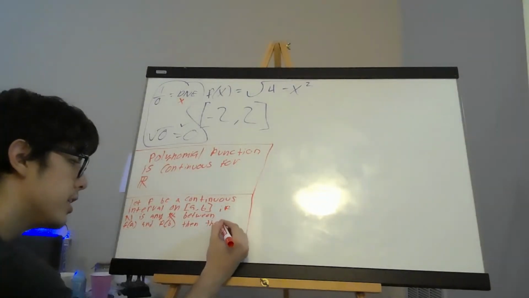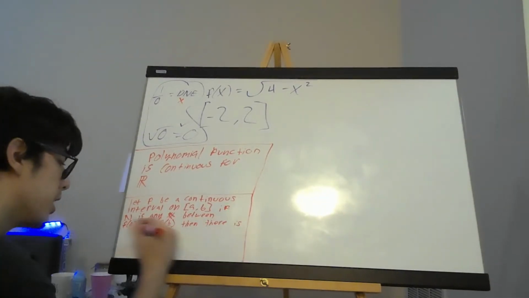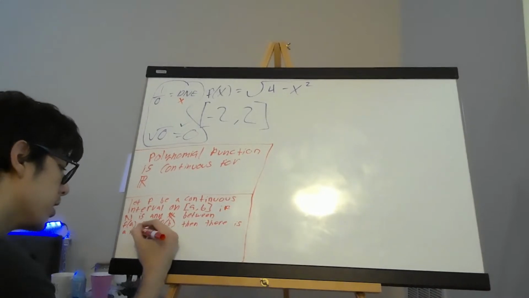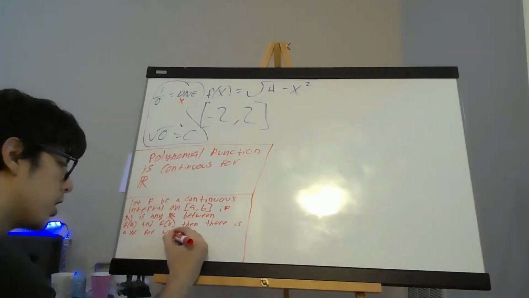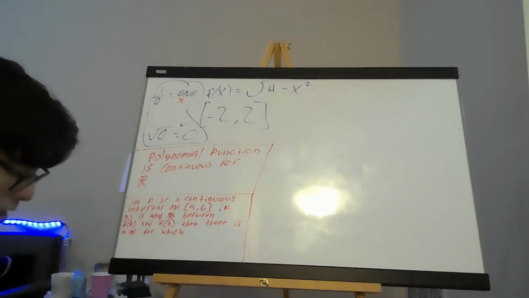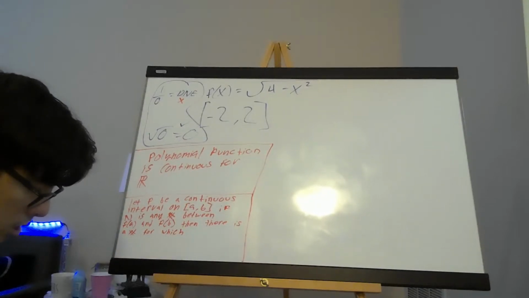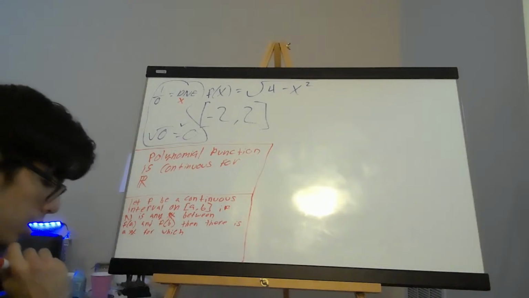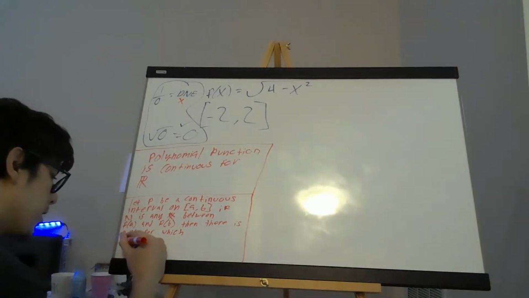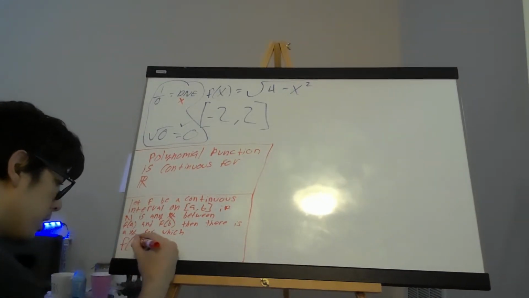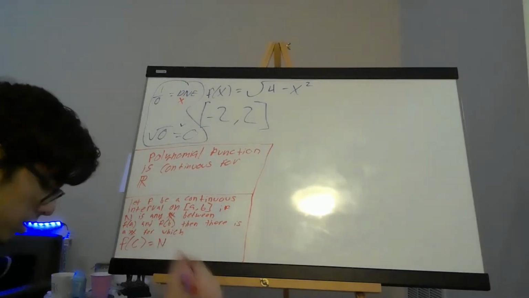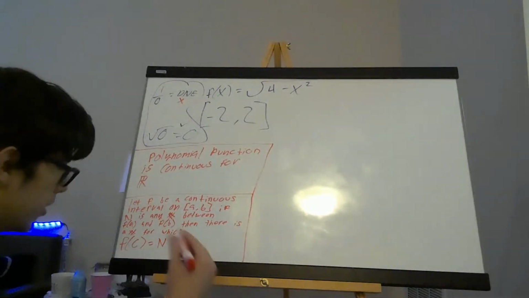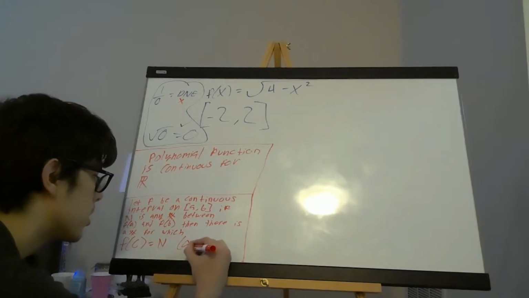There is a number c, at least one, for which f of c equals n on the open interval ab.